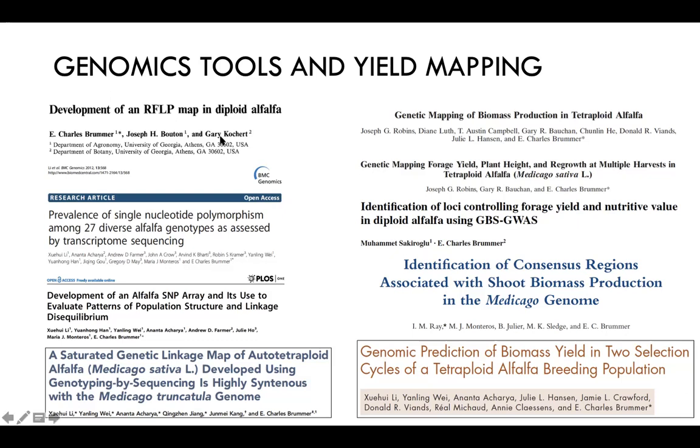I mean, I developed this map in '93, and 20 years later, we really hadn't done much with markers in alfalfa. And that's largely because it's a population-based autotetraploid outcrosser, and it's hard to work with markers or single QTLs.